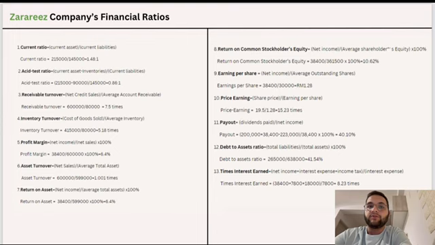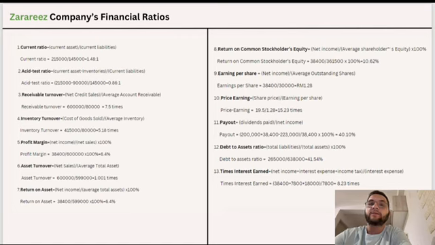Hello, my name is Julia, and I will examine the financial ratios of Zara's company. These ratios provide insights into the company's financial health and performance. First, we're going to do liquidity ratios. Zara's current ratio is 2.5. This indicates that for every ringgit of liability, Zara's has 2.50 ringgits in assets.